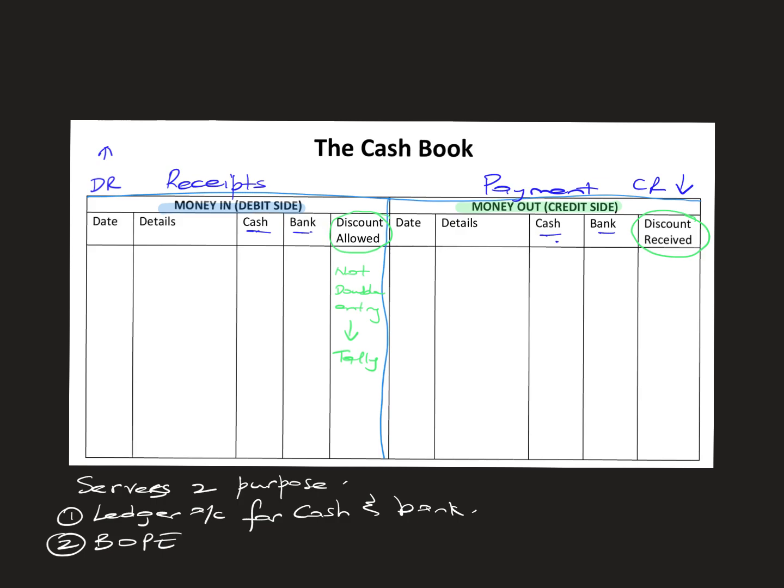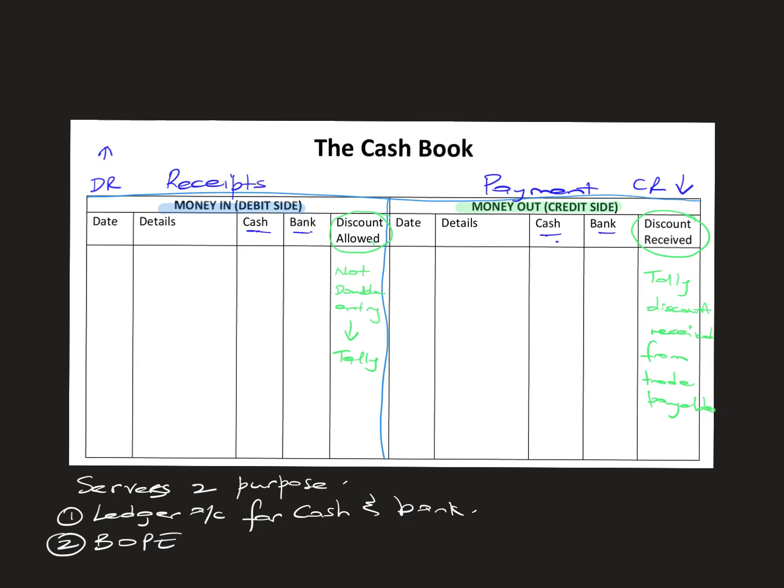So discount allowed is for discount given to customers. Your discount received, again, not double entry. It tallies discount received from your trade payables, who are your suppliers. So discount allowed is a tally.